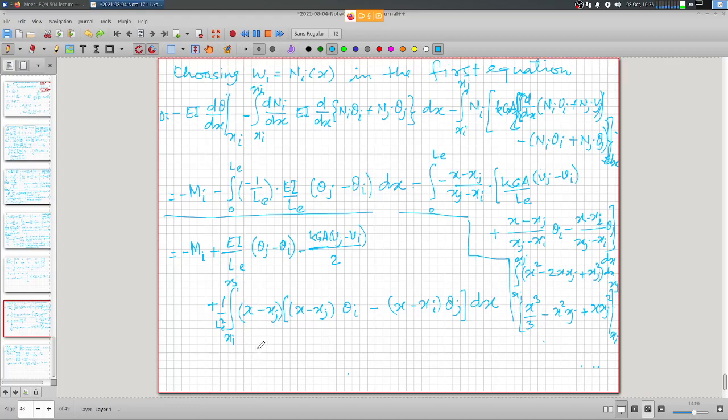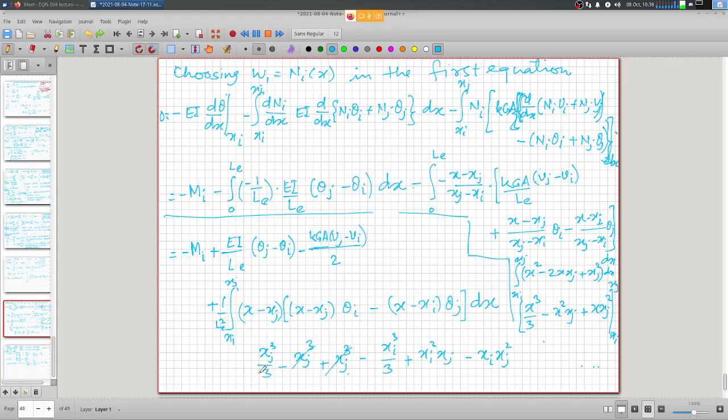So what you have got here is xj cube by 3 minus xj cube plus xj cube, right, minus xi cube by 3 plus xi square xj minus xi xj square.